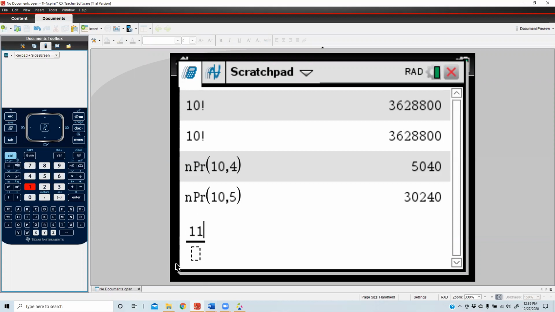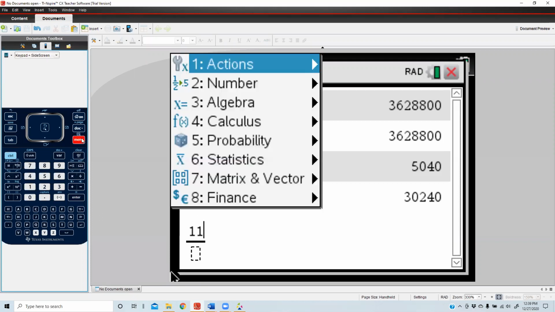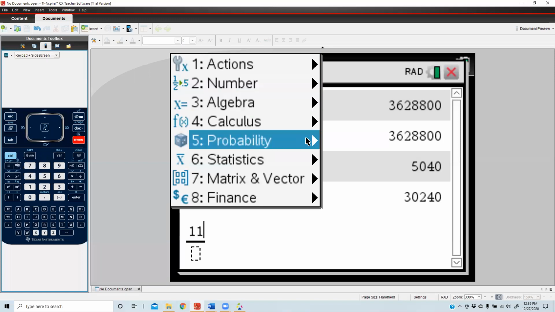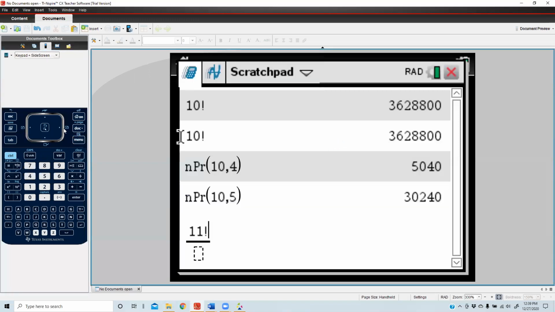Even though this is a permutation, you can't use nPr. Ain't going to happen. I mean, you could, then I'd count it wrong, and then you'd be sad. Let's not be sad. So we have to do 11 factorial on top. So menu, probability, factorial.